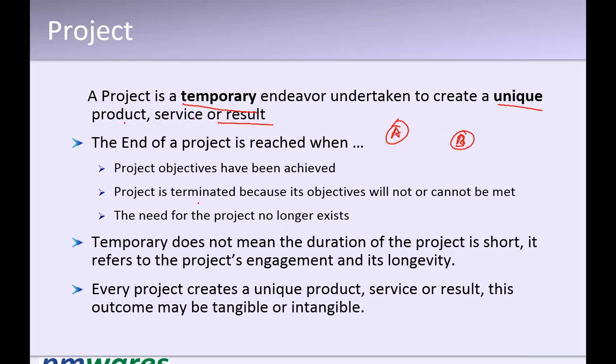And therefore there are two customers, there are two projects. Another thing involved is that stakeholders are different, and therefore their takeaways are different, their contribution is different. And therefore uniqueness is just not about the deliverables.